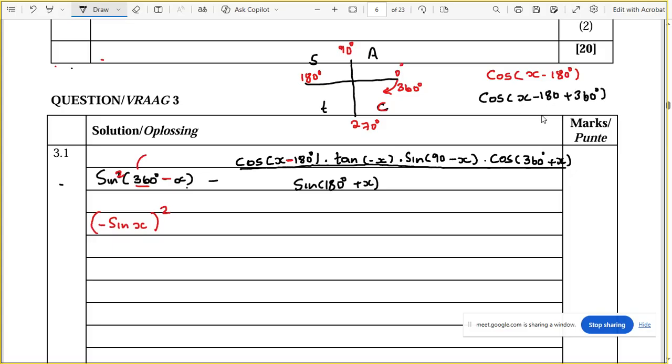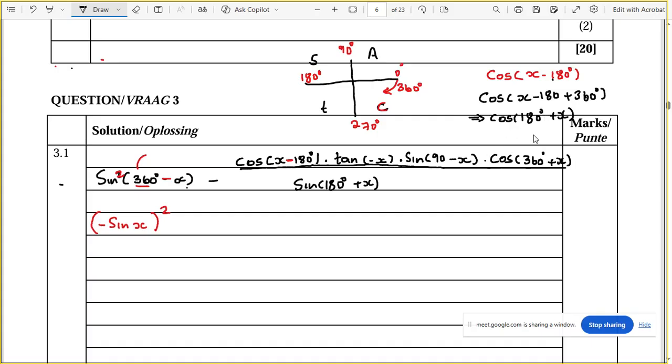I think this is the easiest way to do this. Can someone assist me? Negative 180 plus 360, that's positive 180, right? So this can be written as the cos of 180 degrees plus x.